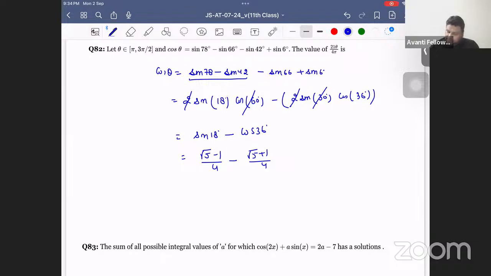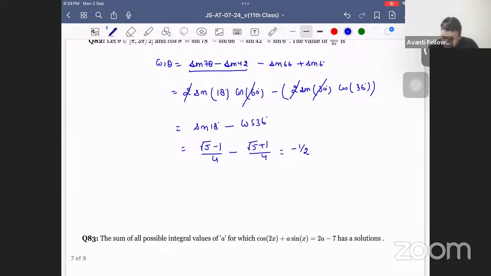So from this, we get a value as minus 1 upon 2. Value is minus 1 upon 2. All right. So that means cos theta is minus 1 by 2.